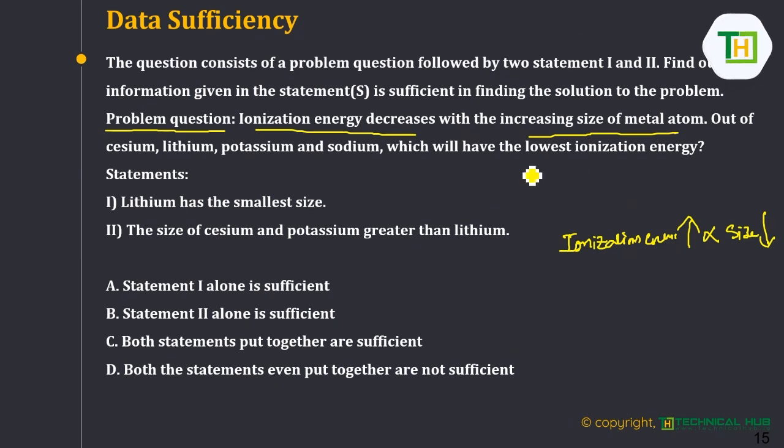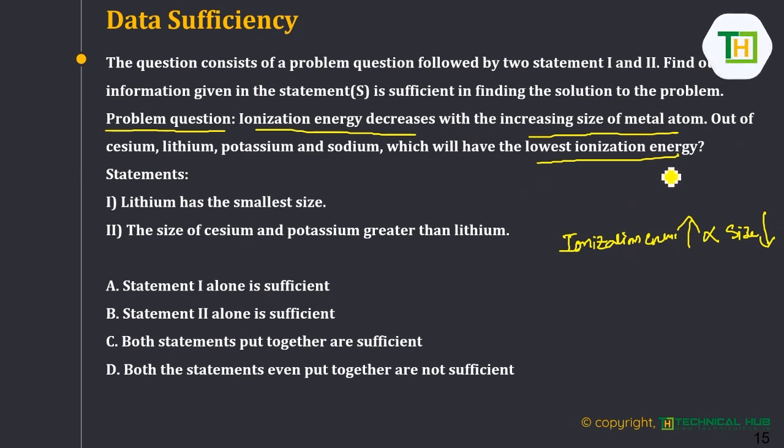So which of the given atoms, cesium, lithium, potassium and sodium, will have the lowest ionization energy? Lowest ionization energy means the size is more compared to the remaining atoms.